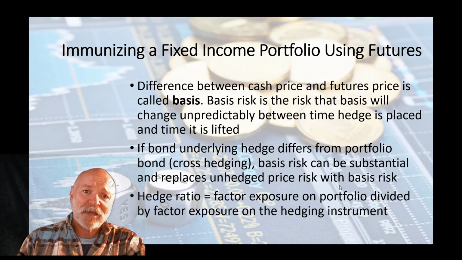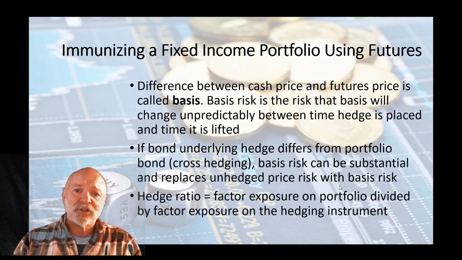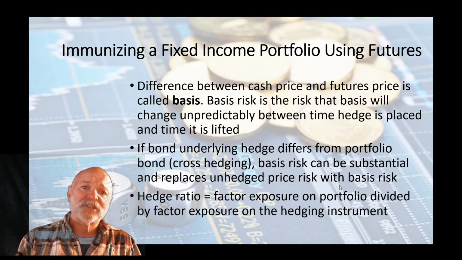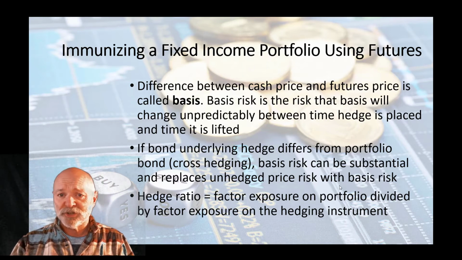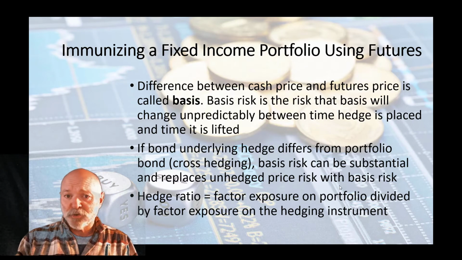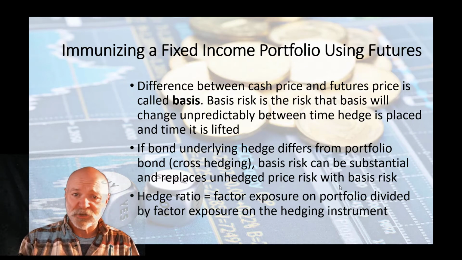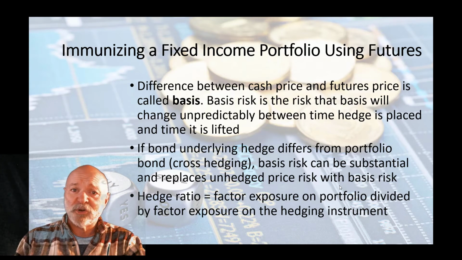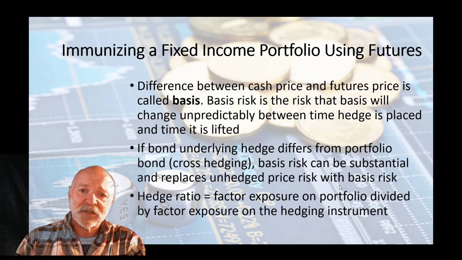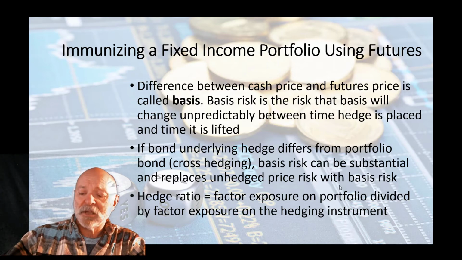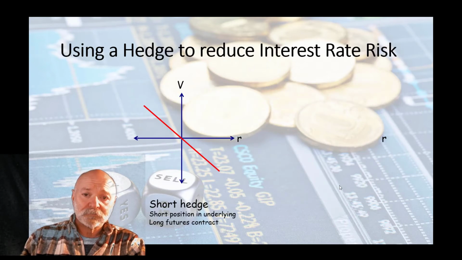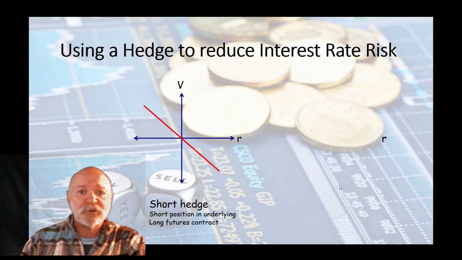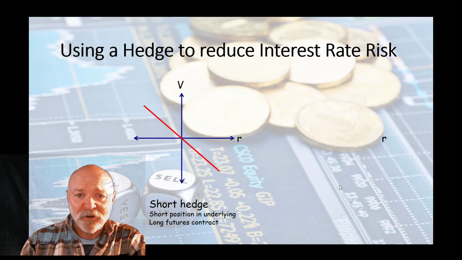We also describe hedge ratios as essentially the percentage of protection that we buy. Do we go fully hedged or do we go partly hedged? The hedge ratio tells us how many futures contracts we need to buy in order to fully insure. And as is often the case, we don't insure to the full extent because it's not practical or it's just too expensive.